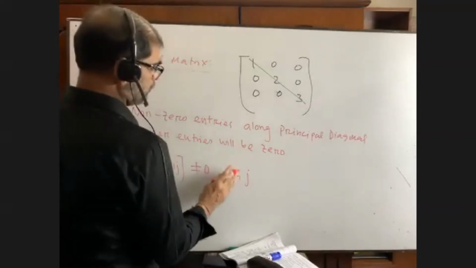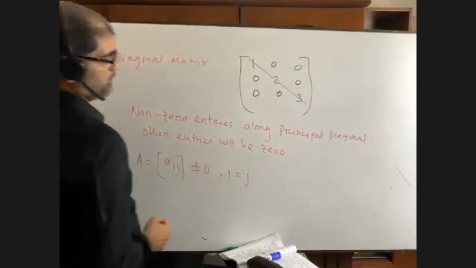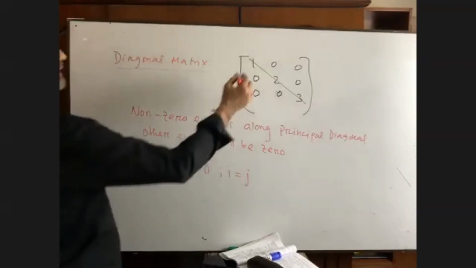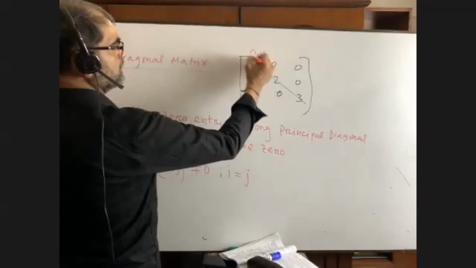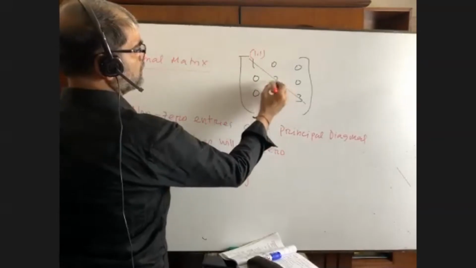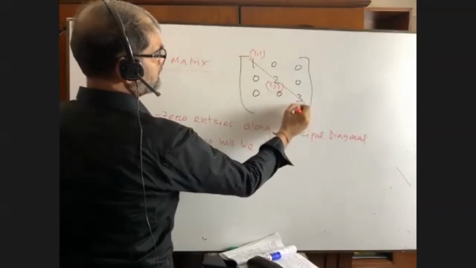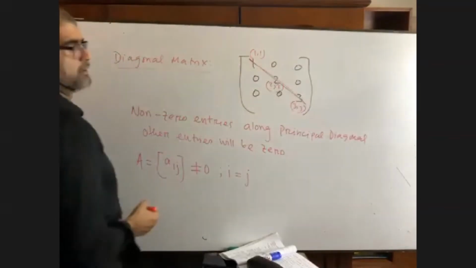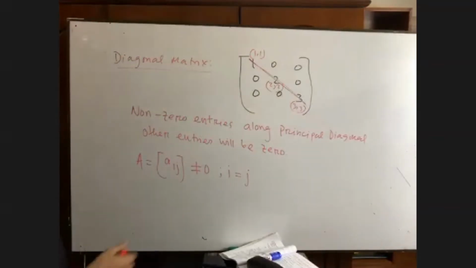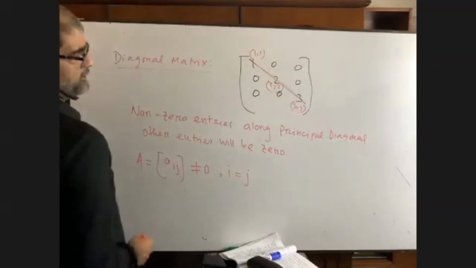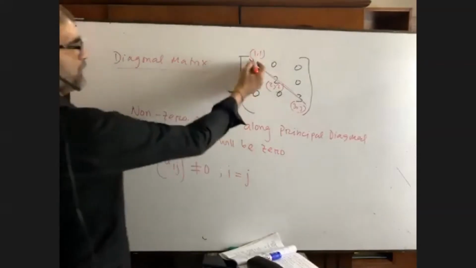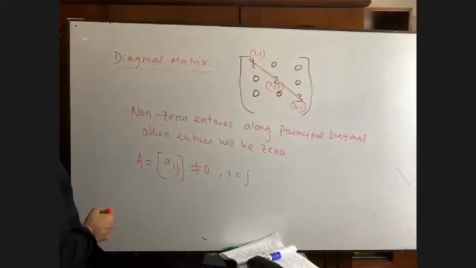Here it is 1,1. Please try to understand, 1,1. It is 2,2. It is 3,3, right? In this way, i equal to j, and they are not equal to 0. Have you got me?